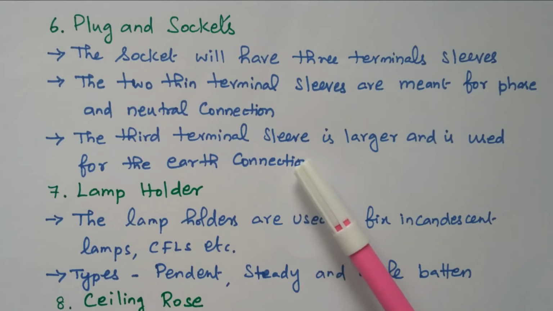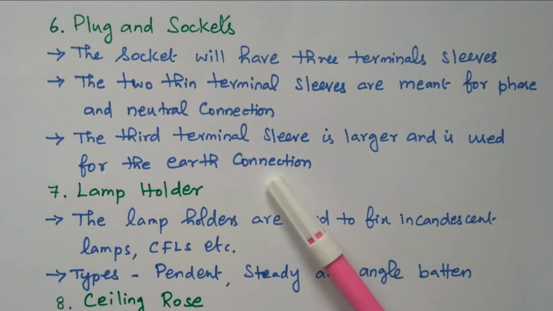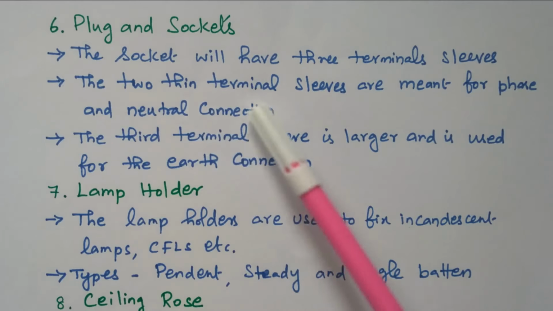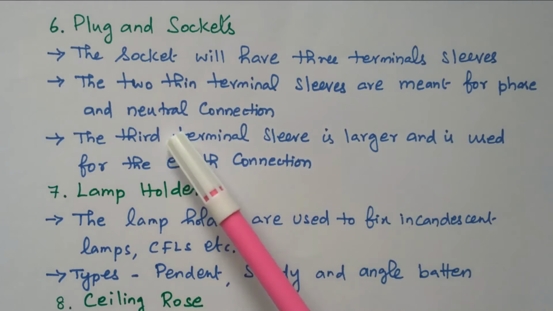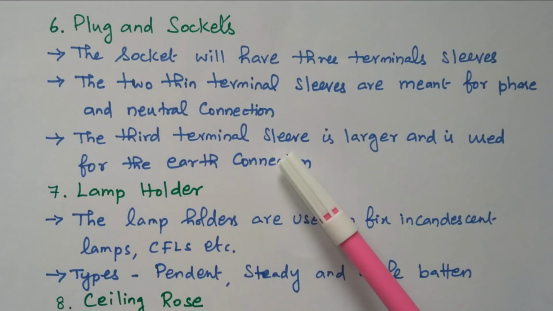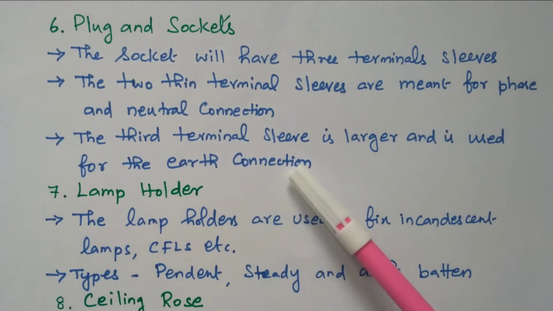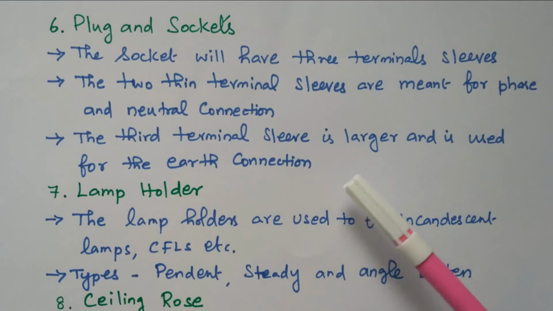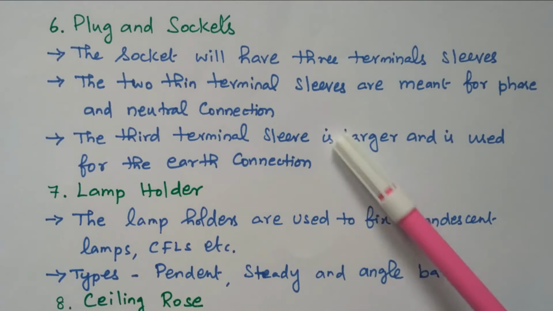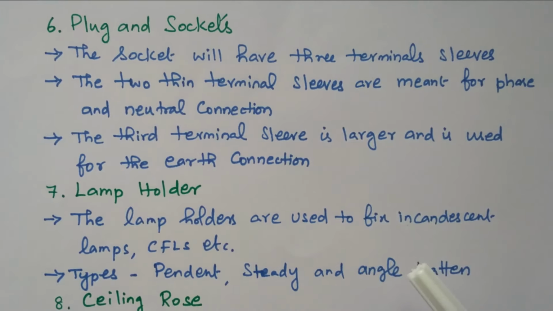In that, one pin used for earth connection will be bigger in size. The other 2 thin pins are used for phase and neutral connection. So this is a plug and socket, from which we can get the supply. By using this plug and socket, various accessories can be connected. TV, radio or any mobile, anything can be connected. We can take the supply from this socket.